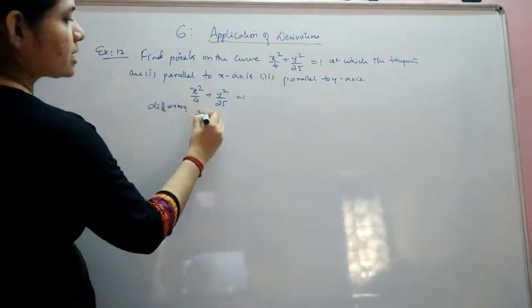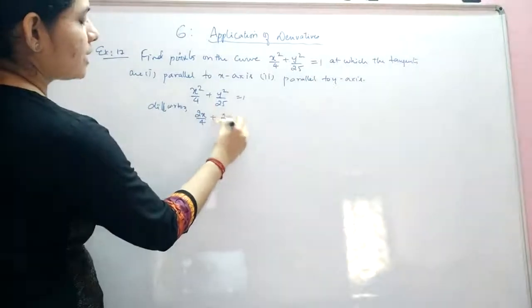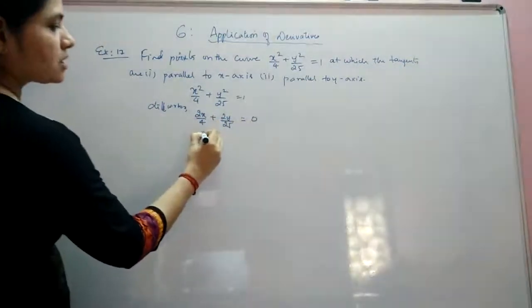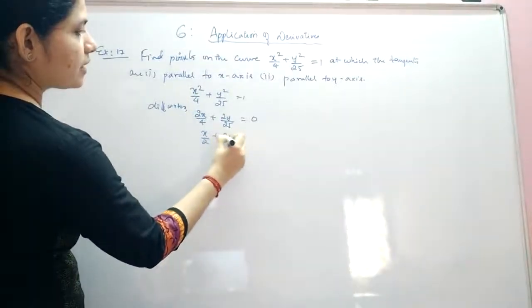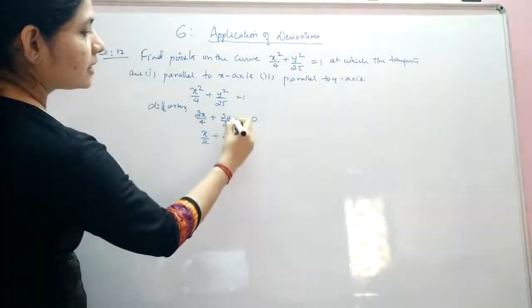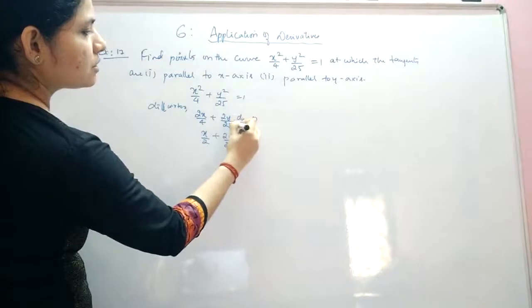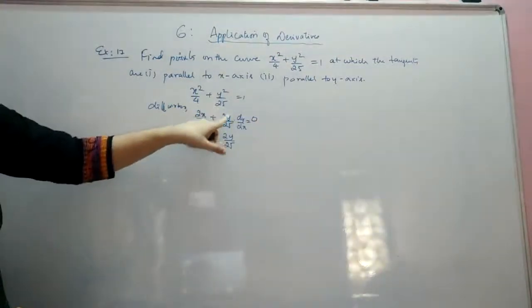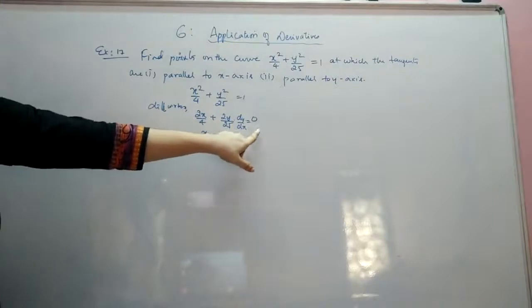you will get 2x by 4 plus 2y by 25 equal to 0, right? So it is x by 2 plus 2y by 25. Here you will have dy by dx also, because you are differentiating with respect to x. 2y by 25 into dy by dx equal to 0.